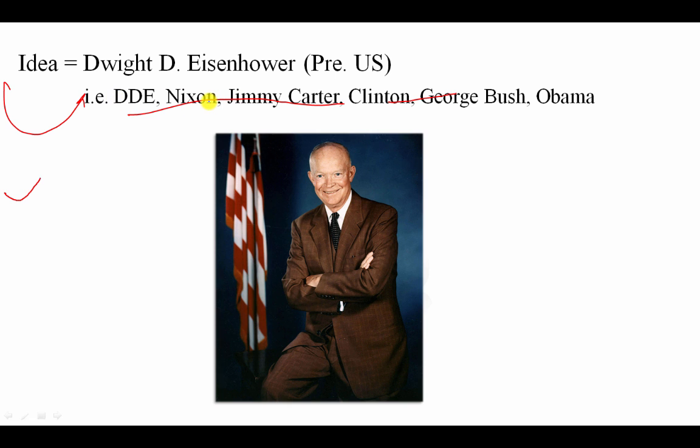The first was Dwight D. Eisenhower, second Nixon, third Jimmy Carter, fourth Clinton, fifth George Bush, and last Barack Obama. So only 6 US presidents have arrived in India till now. The IAEA was the brainchild of Eisenhower.